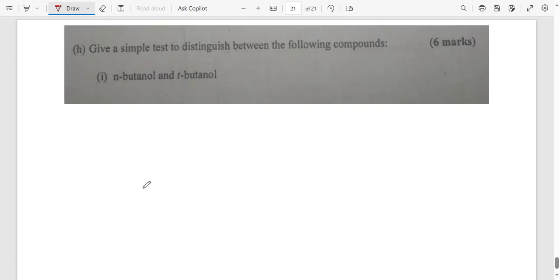Give a simple test to distinguish between the following compounds: n-butanol and 2-butanol. So we already answered these. These are just from the tutorial sheet. n-Butanol is this one, one, two, three, four, five, six. Then you have got OH at the end. This is n.